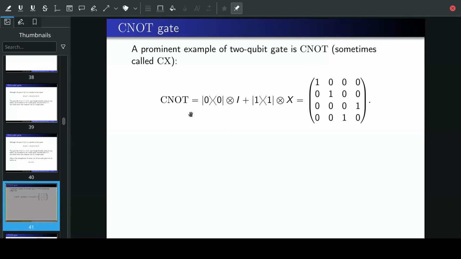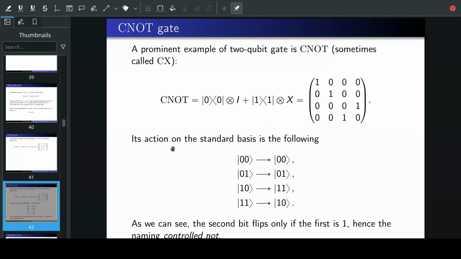It can be defined by this expression. This is a projection on ket 0, so this is just a 2x2 matrix with a single one in the top left corner. This is the identity matrix, and this is a projection on ket 1, and it will equal this matrix.